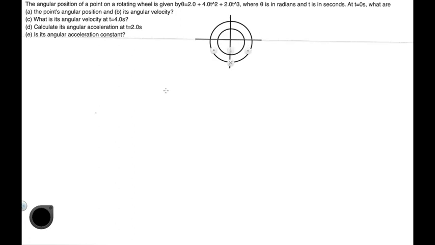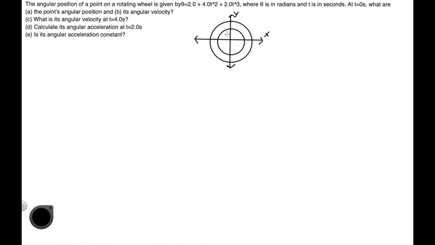Okay, so we have y and this is x. The wheel is going to be rotating either counterclockwise or clockwise, parallel to the page. That's our plane that the wheel is going to be rotating parallel to.